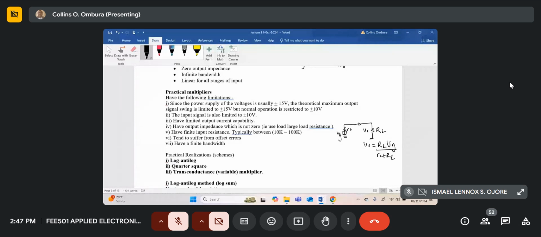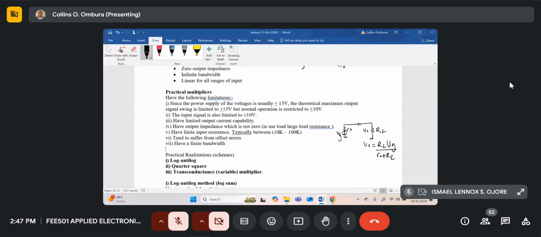Then also, these multipliers tend to suffer from offset errors, as we shall see, because of their construction. They use a lot of differential amplifiers inside, and we know differential amplifiers suffer from offset errors. And finally, they have a finite bandwidth.